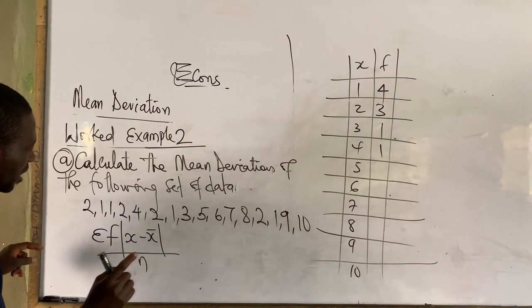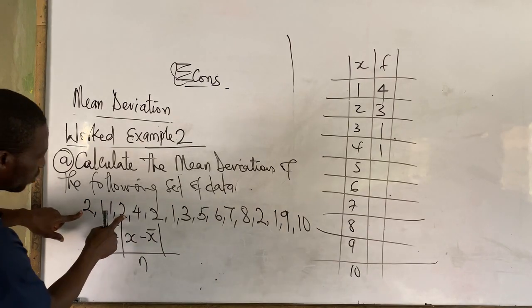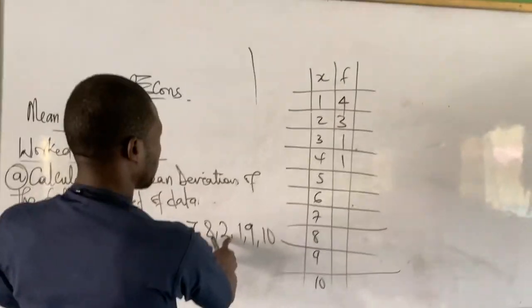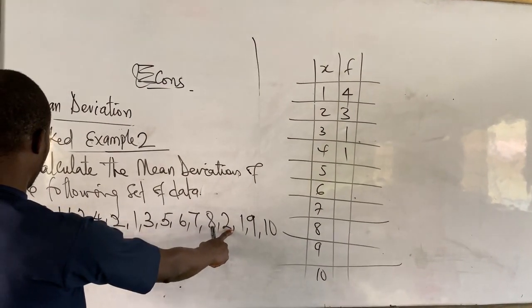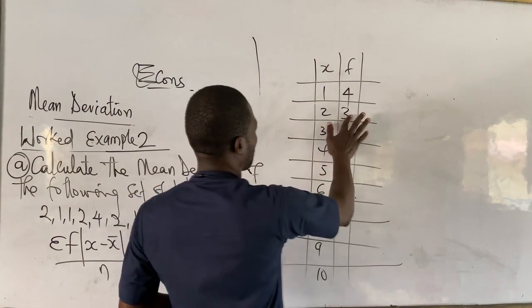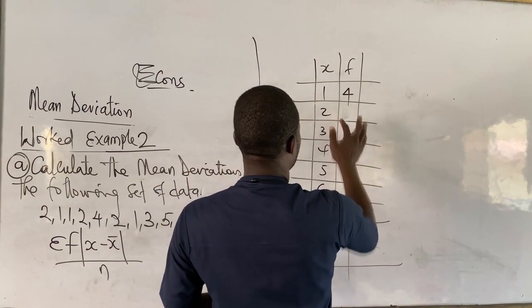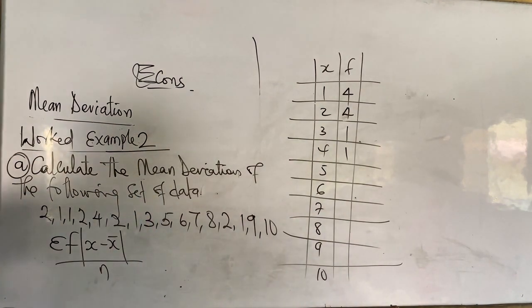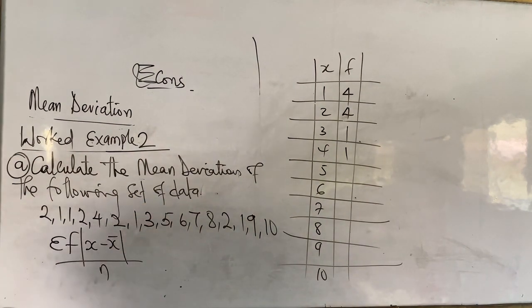We made a mistake. We didn't check 2 very well. 1, 2, 3, 4. I think we have 1, 2, 3, and 4. So sorry, 2 appears 4 times. 2 appears 4 times.